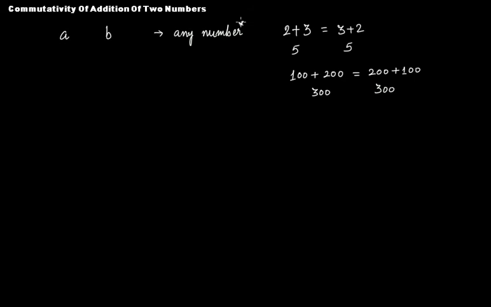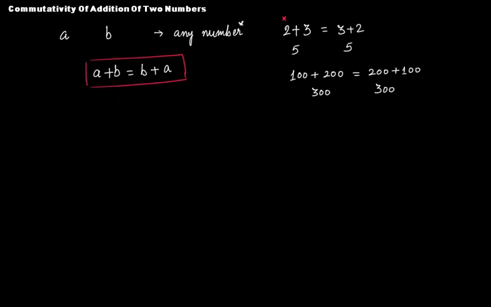Then, in order to write the commutativity of addition of two numbers, you will say that if this is the case, then a plus b is equal to b plus a. And this is the rule for the commutativity of addition of two numbers. If you want to cross-check it, just keep any numbers as we did here.